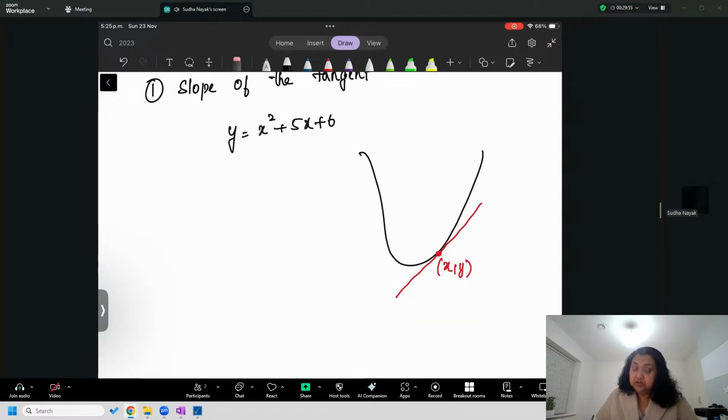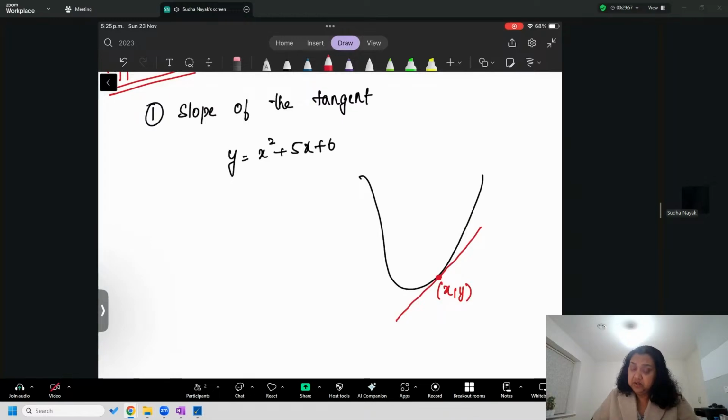The slope of the tangent will always be equal to dy by dx at this particular point. This is the key thing. Whenever you see a slope of a tangent, you have to immediately remember that it is dy over dx at a particular point.